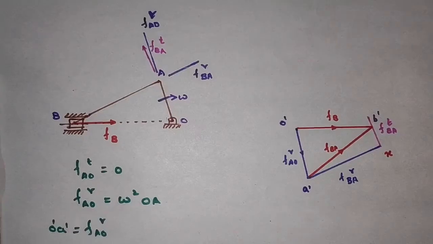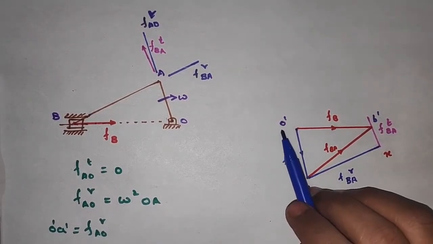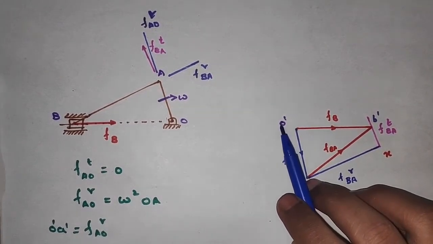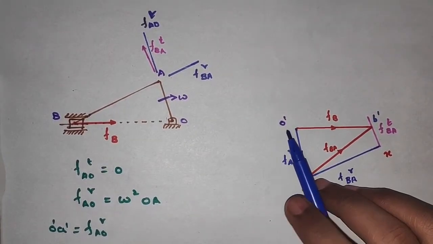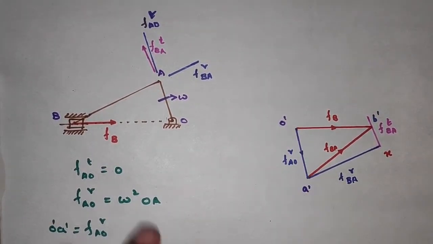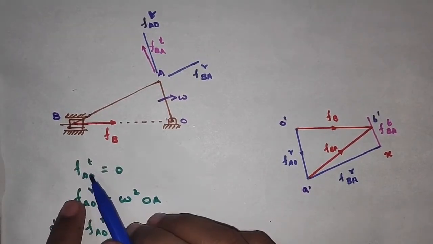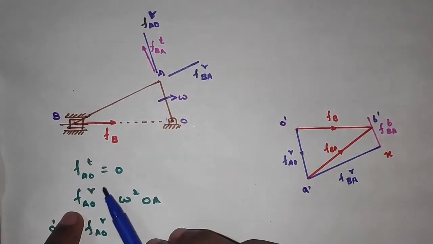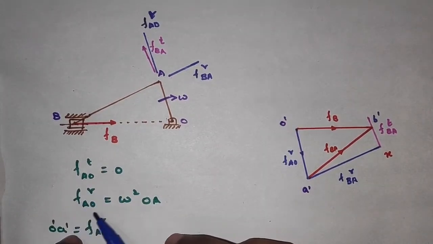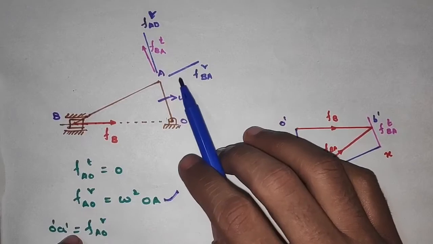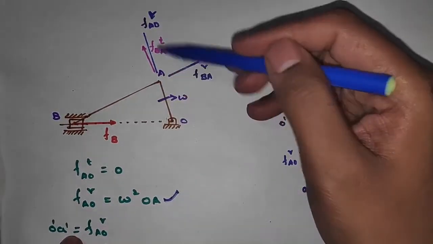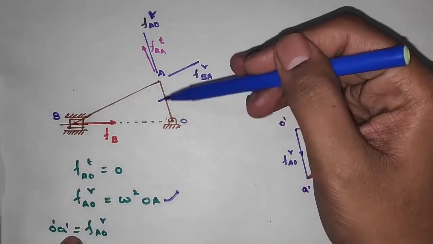So the procedure is as follows. First, we suitably assume a fixed point O dash, because we have the fixed link O. From O dash we know that the tangential component of crank AO is 0, but for the radial component we know the magnitude as well as the direction, because the direction is parallel to the crank AO.